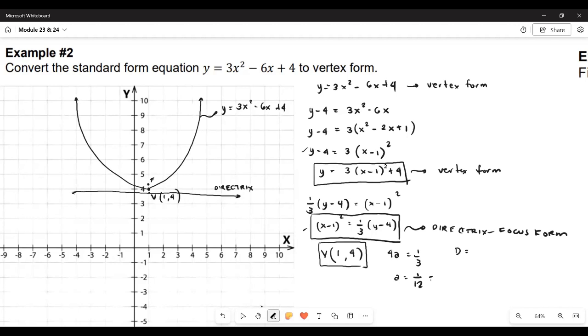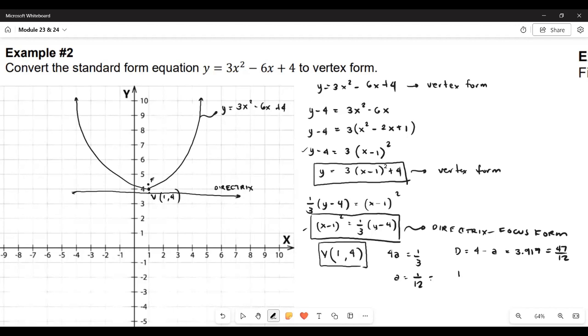So ang ating directrix is 4 minus a, which is 47/12. Okay?